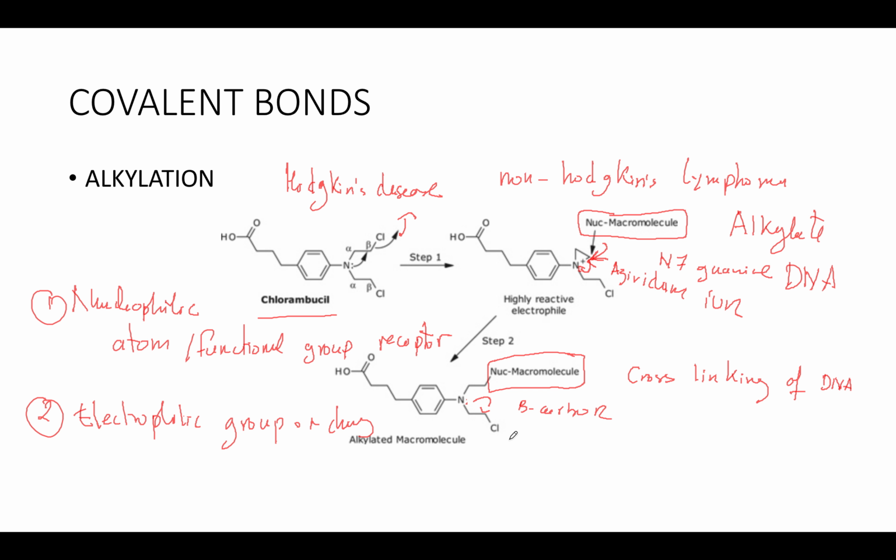And you are basically going to end up with two different strands of DNA, two different nucleobases of DNA, attacking the same chlorambucil molecule, leading to cross-linking of DNA. And since we're dealing with cancerous DNA, we can use that to our advantage. So it leads to an anti-cancer effect.